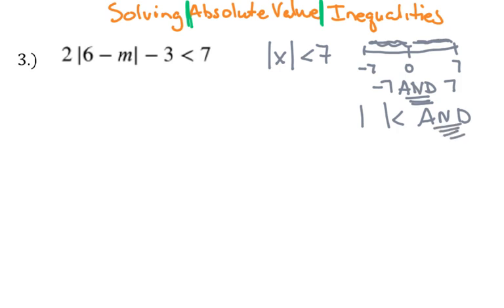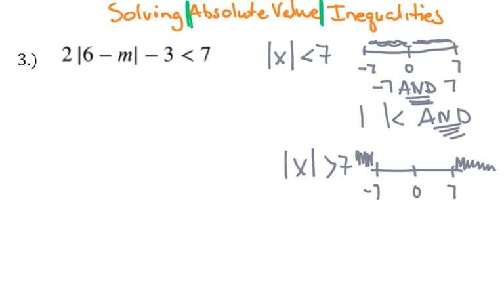Now this is slightly different than if we have absolute value is greater than 7. What do I mean by greater than 7? Well, that means the distance from 0 is more than 7. So that really means we need to be more than 7, or if I come down here to my negative values, this is also more than 7 away from 0.